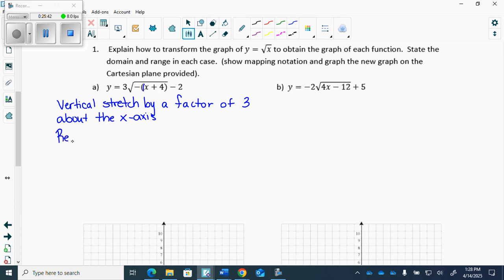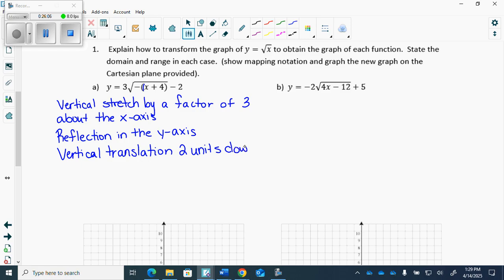Yeah, it's under the square root with the x, so it's a reflection in the y-axis. And then we have a vertical translation, two units down, and a horizontal translation, four units left.